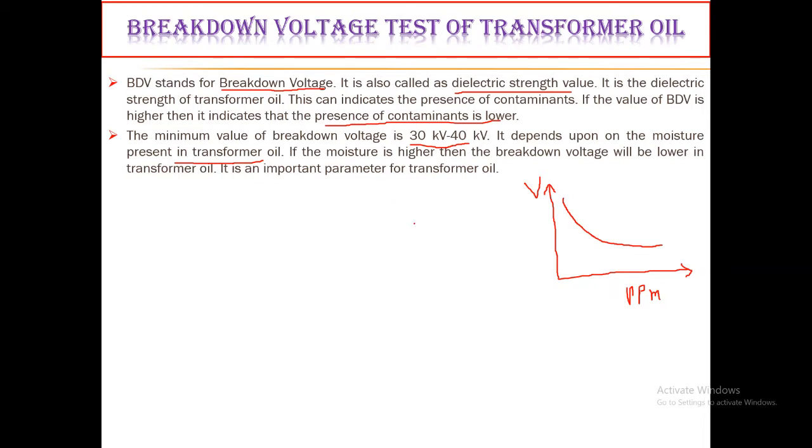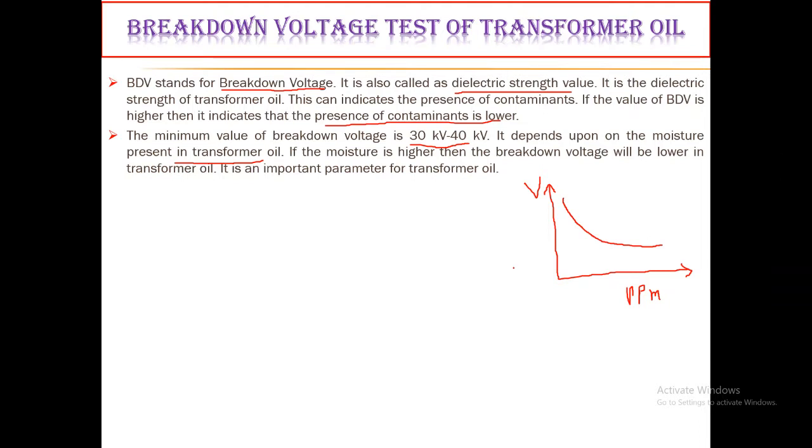Okay, so generally when you are dealing with liquid dielectrics, the moisture content plays a very important role, because if I add 1% of water into the transformer oil, then it will reduce its dielectric strength by approximately 20%.